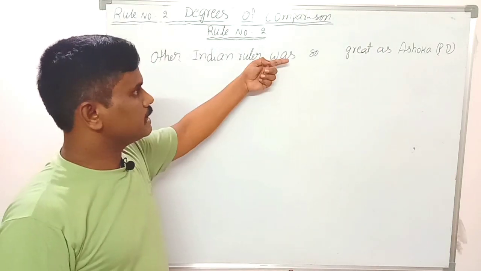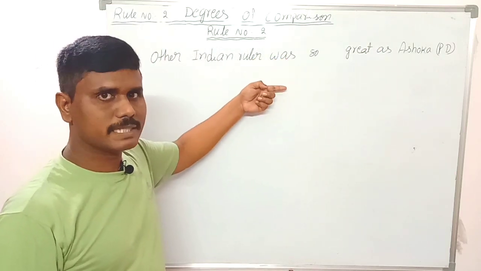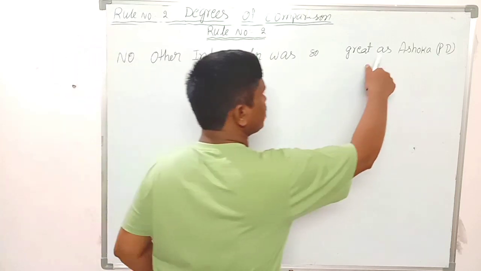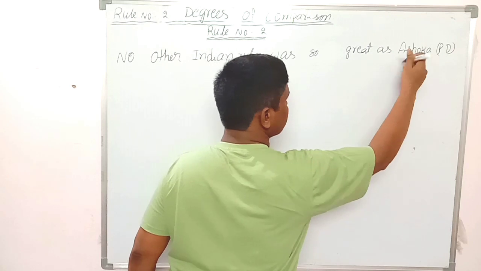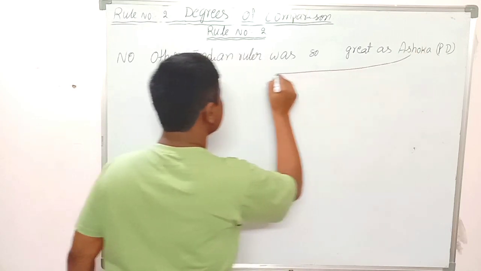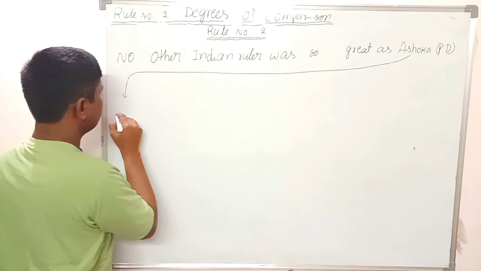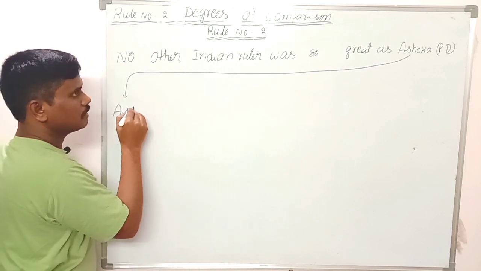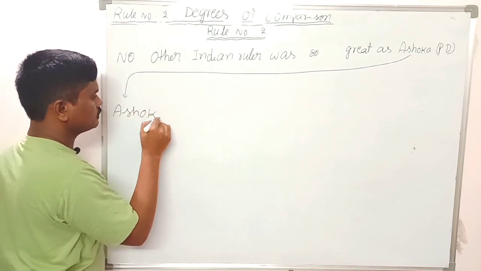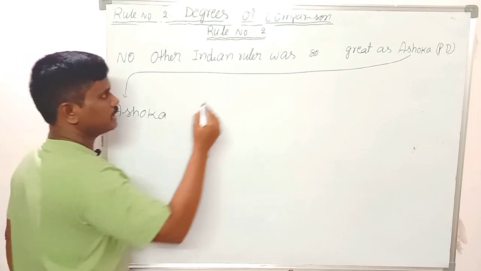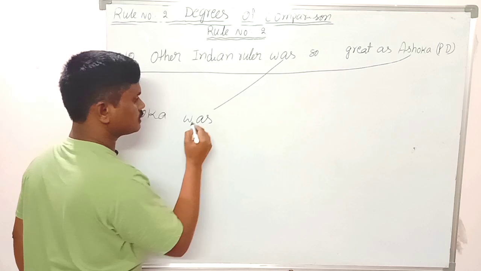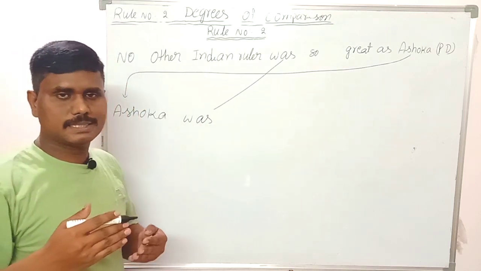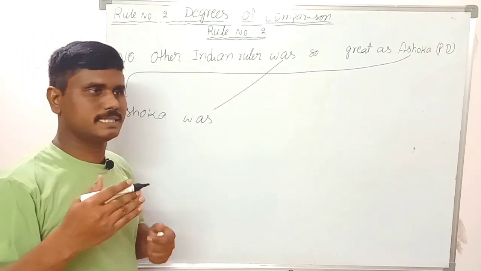Now while changing this sentence into a comparative degree sentence, after the second as, it can be the subject of this sentence. That means Ashoka, this is the subject. Next, this is the verb, Ashoka was. Now we are writing a comparative degree sentence.